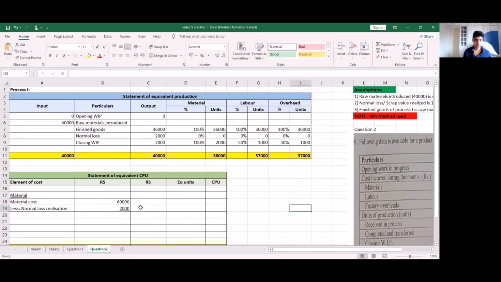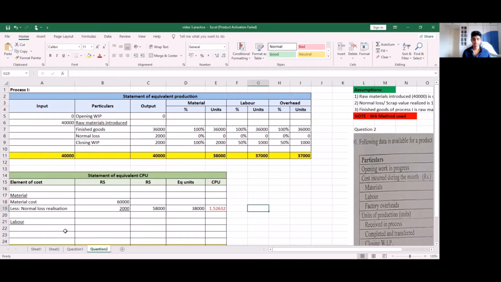Subtracting 2000 from 60,000, we get an amount of 58,000. This 58,000 we will divide by our materials equivalent units, which is 38,000, to get a cost per unit of 1.52632.